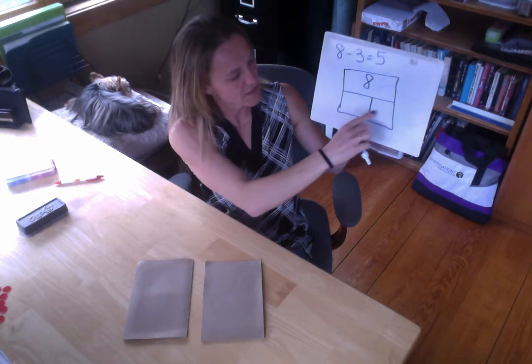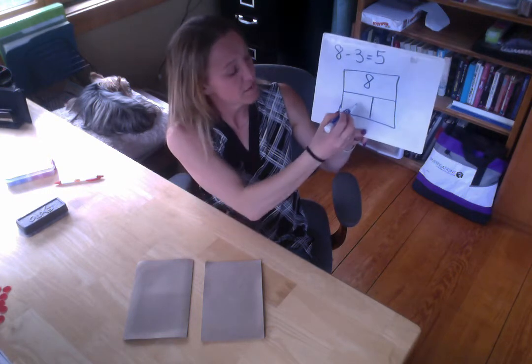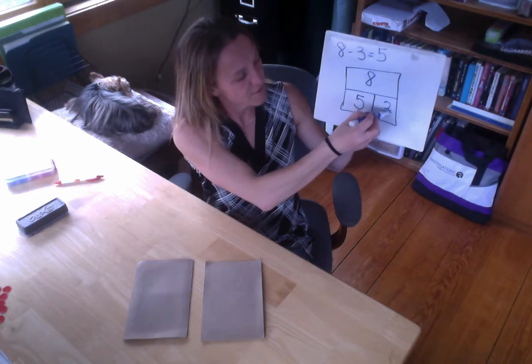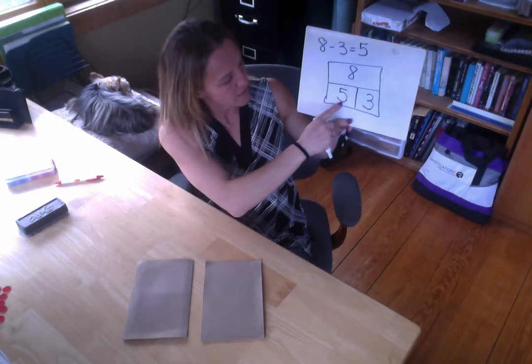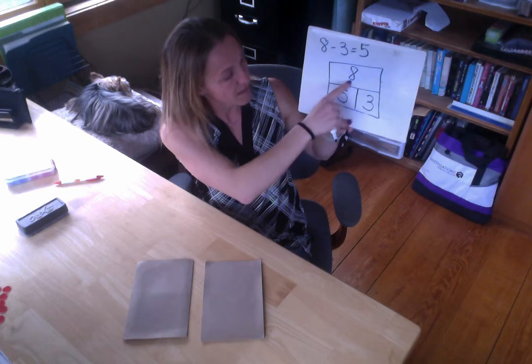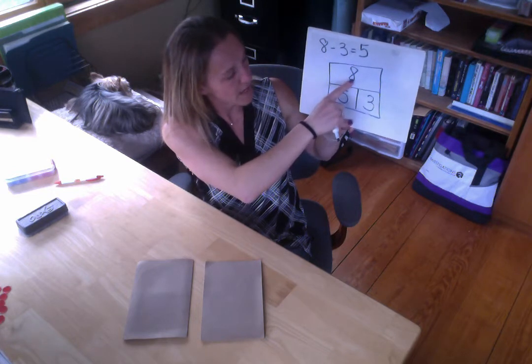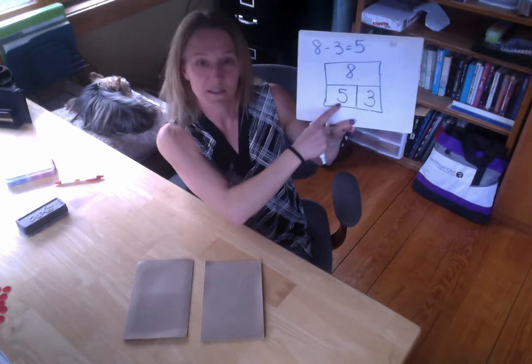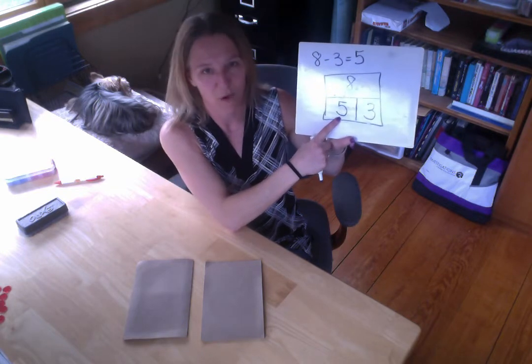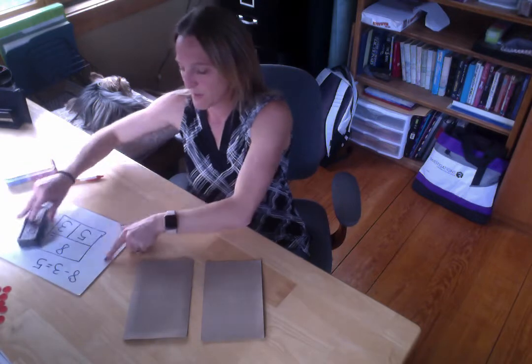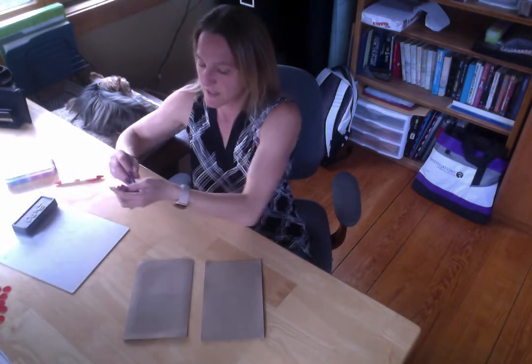And then what's going to go in these boxes? Yep, the 2 parts, a 5 and a 3. So if you know that the 5 part and the 3 part go together to make 8, then you know that 8 minus 3 has to leave the other part of 5. Love bar models.